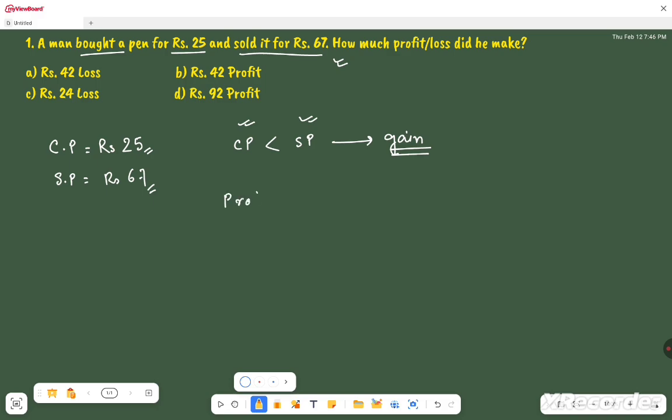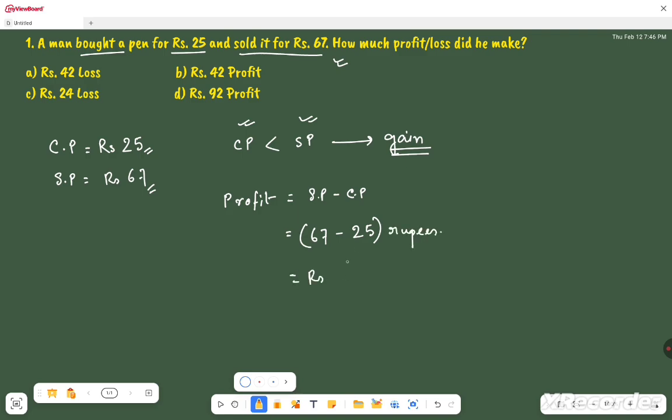So obviously profit, we know the formula, is SP minus CP. Now you have to learn the formulas because it is very important. So SP is 67, sorry, SP is 67 and CP is 25 rupees.